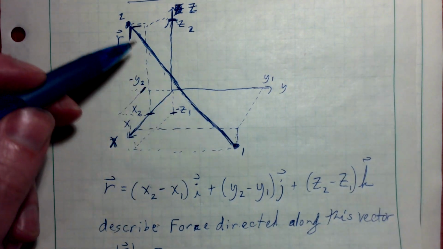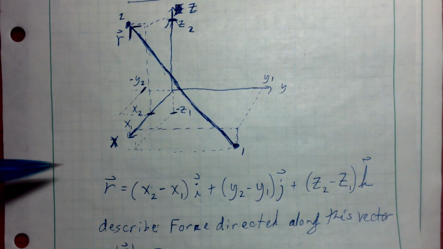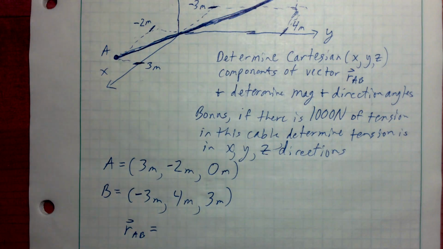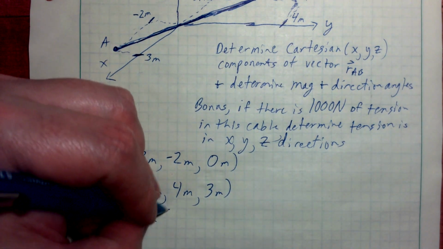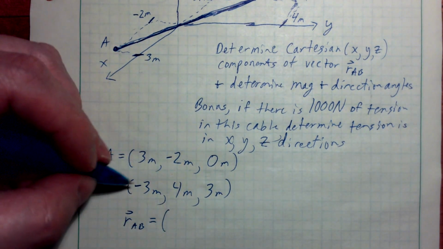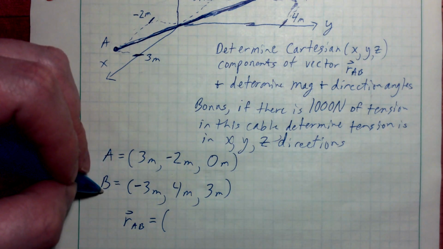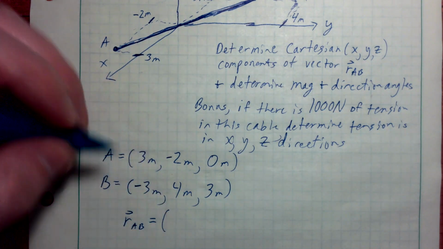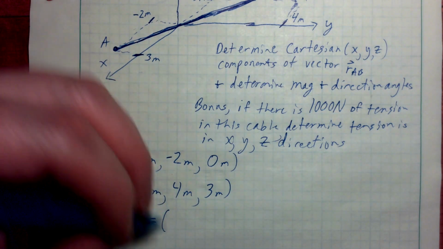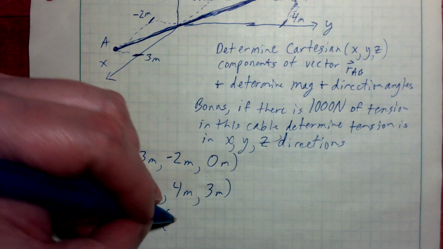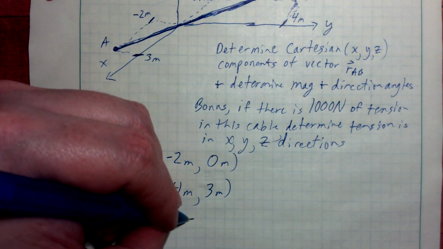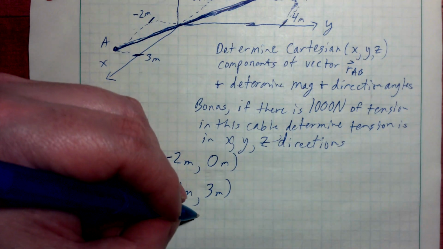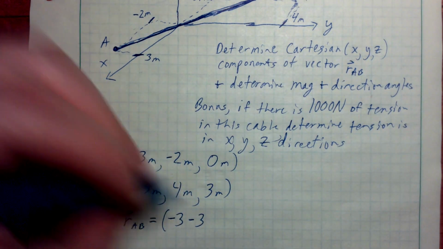Because again, as we mentioned last time, if I'm describing a position vector between 2 points, going from point 1 to point 2, I'm just going to take final minus initial of the X, Y, and Z values. So this needs to be final minus initial in the X direction. I'm going from A to B, so my final value is minus 3, and from that final value I subtract my initial value, a positive 3.